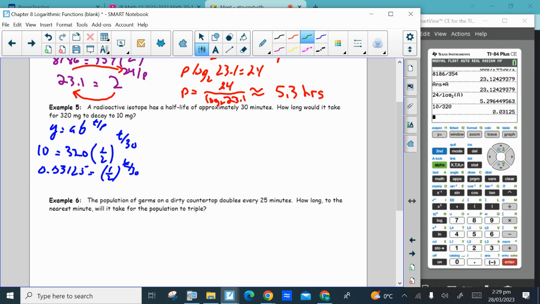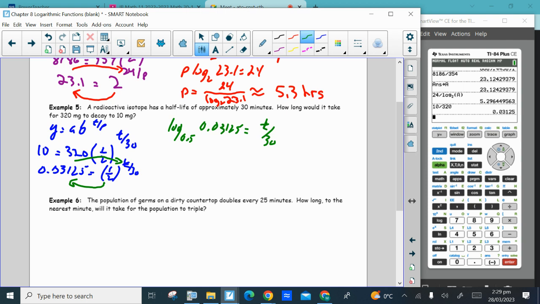And again, to solve for T, we would start by converting from exponential to logarithmic. We'll start with the base and cycle through. It'll be the log of 1/2, or the log of 0.5, of 0.03125 equals T over 30.